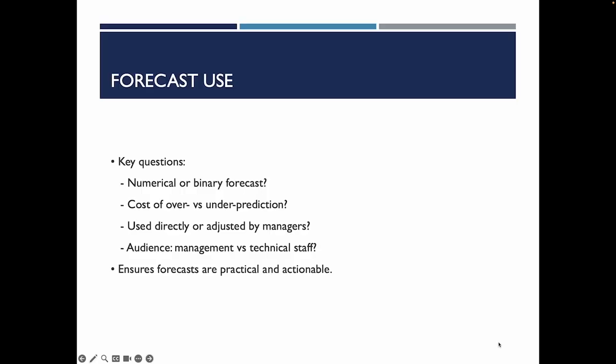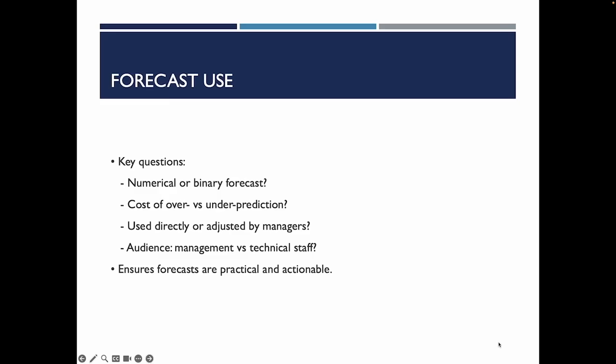Is the data numeric or binary? Are you looking for numbers, like how many units you are going to sell next week? Or just, will the sales exceed 1,000 units?